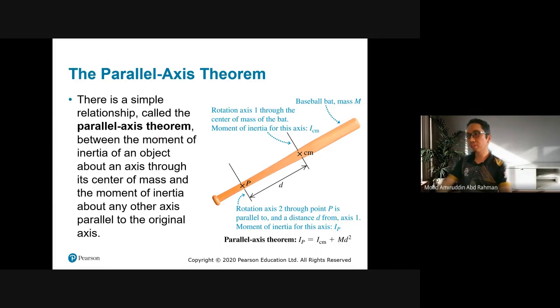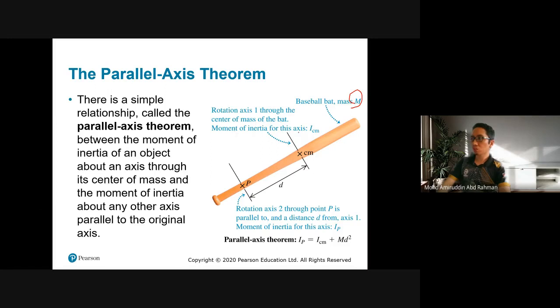So we have another theorem that we call the parallel axis theorem. There is a simple relationship, called the parallel axis theorem, between the moment of inertia for an object about an axis through its center of mass, and the moment of inertia about any other axis parallel to the original axis. So let's say we have this baseball bat of mass m, and rotation axis 1 through the center of mass of the bat.